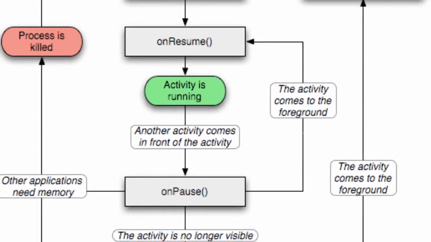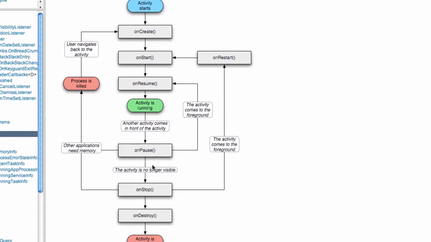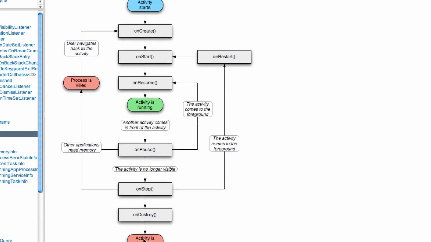So the only method from our activity class that we are familiar with is this onCreate method. But we're going to use some of these other methods as well. The only other two methods that are really important for the most part are this onPause method and this onResume method, because even if our activity gets destroyed, it's going to go through this onPause method before it goes through these other methods as well.